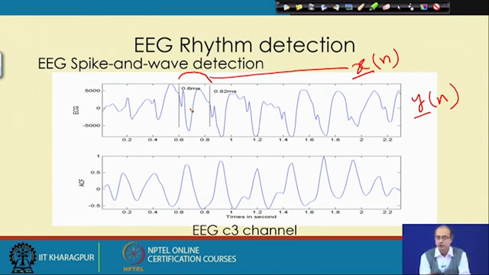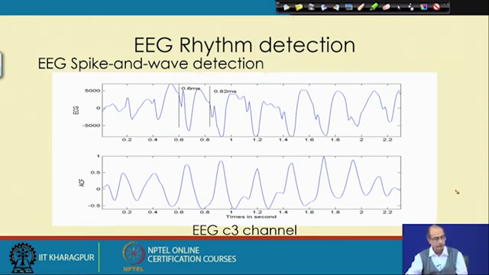In fact, visually also, we see that the spike and wave is repeated in the range of about 0.4 to 1.8 or 2 seconds, many times. Because we have taken the autocorrelation coefficient, it is normalized between -1 to 1. So, we can quantify that also and have a quantitative decision based on these findings.